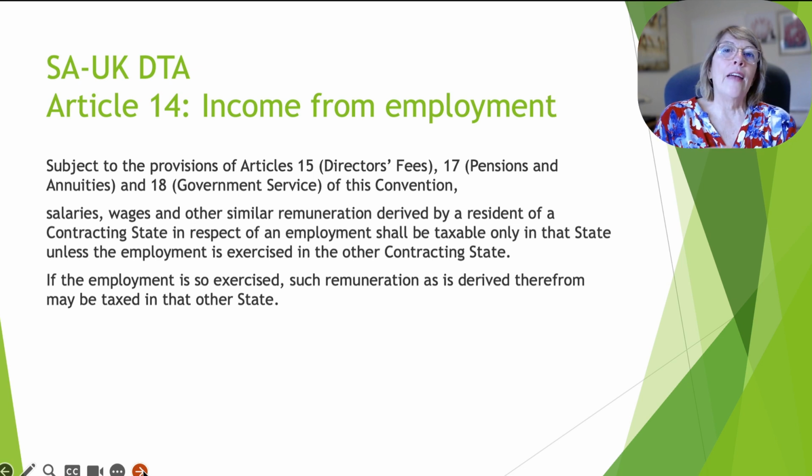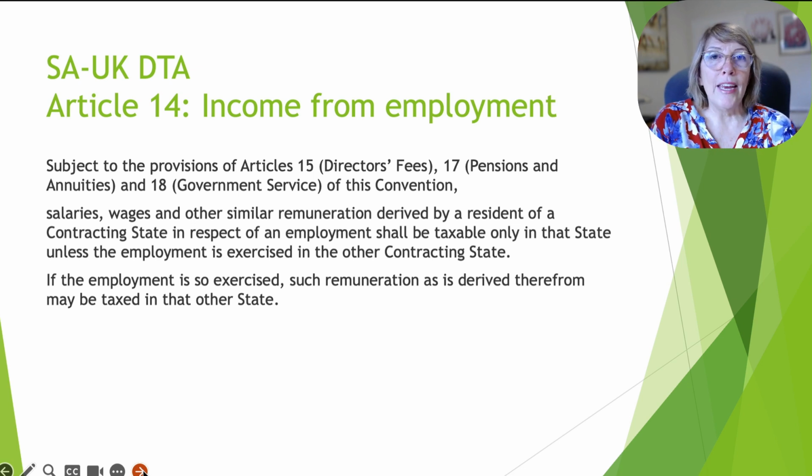So I gave you the example of the UAE double tax agreement. Let's look at another one, the UK South Africa double tax agreement. In Article 14, it talks about income from employment. It does say other than directors' fees, etc., which are covered in specific articles. Salaries, wages, and other similar remuneration derived by a resident of, let's say, South Africa, in respect of employment, shall be taxable only in that state, the state of residence.